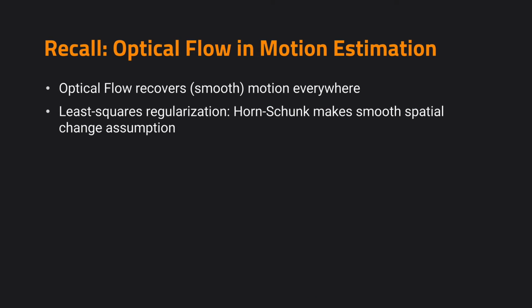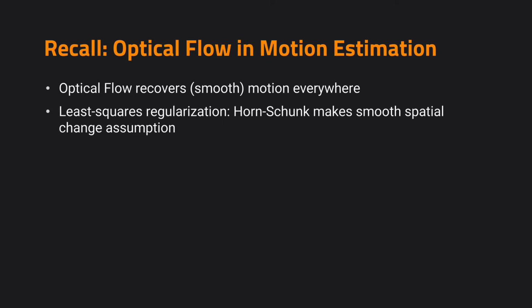So recall that optical flow can be treated as point tracking, even though it's trying to recover the motion everywhere. One key assumption for the optical flow solution is that we recover smooth motion. This leads to least squares regularization, where Horn-Schunck makes a smooth spatial change assumption.